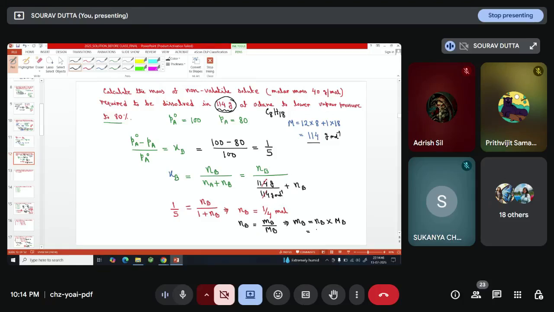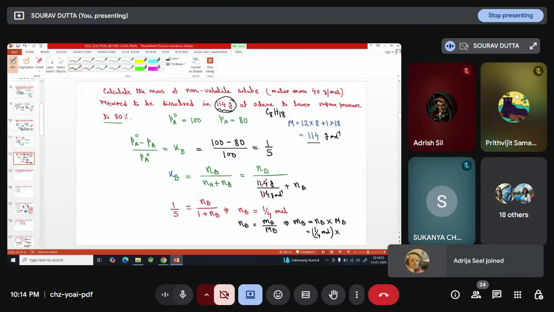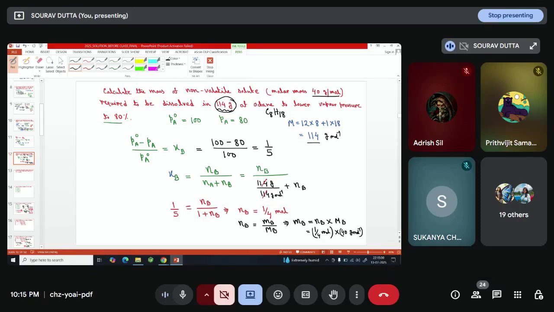That is 1 by 4 mole. And what is the molar mass of B? It is given to you, 40 gram per mole. So mole inverse will cancel out. 4 10 40, so the answer will be 10 gram. So your answer is basically 10 gram. See, there was something in the sum, very easy.